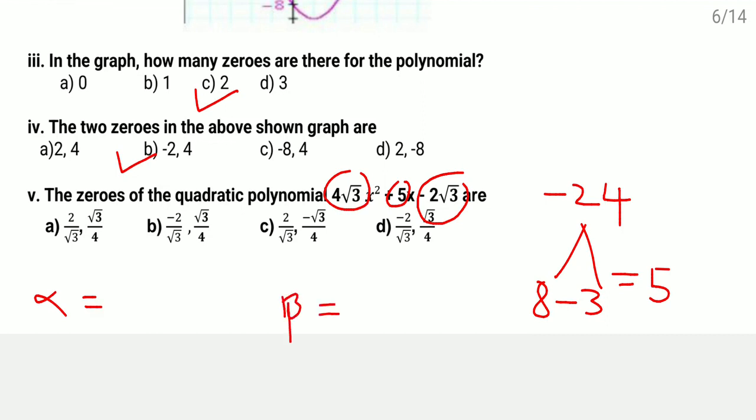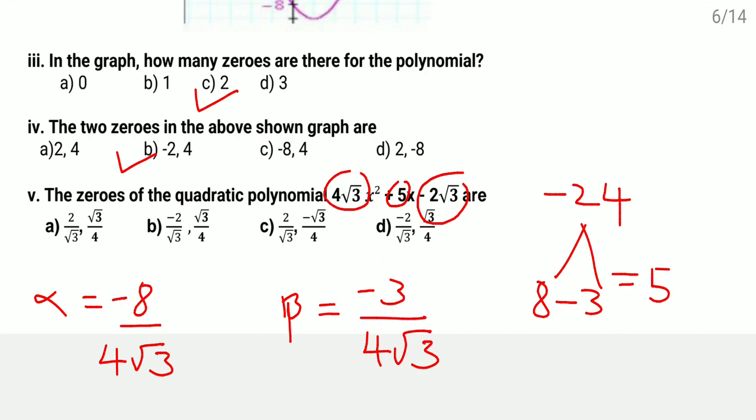So this 8 is there. I'll write down 8 divided by coefficient of x square. So 4 root 3 and here minus 3 and once again coefficient of x square 4 root 3. So after writing this one, I will just change the sign. I'll make it negative. I'll make it positive and done. These are the roots of the given polynomial.